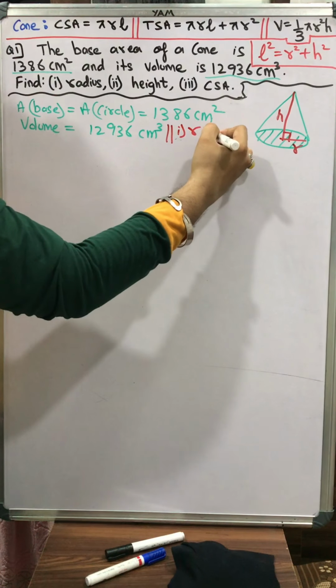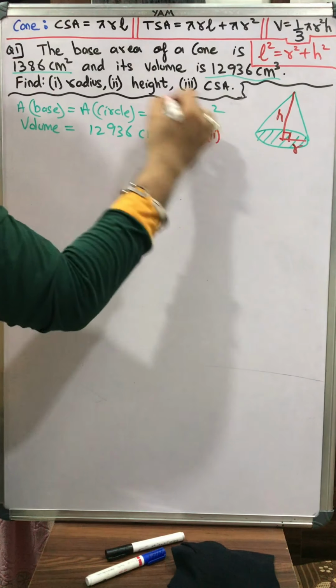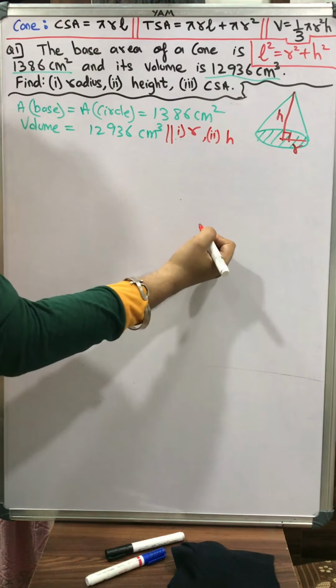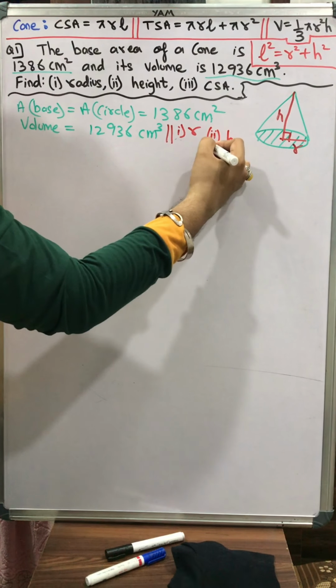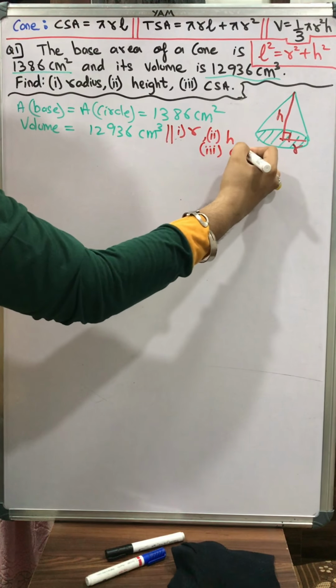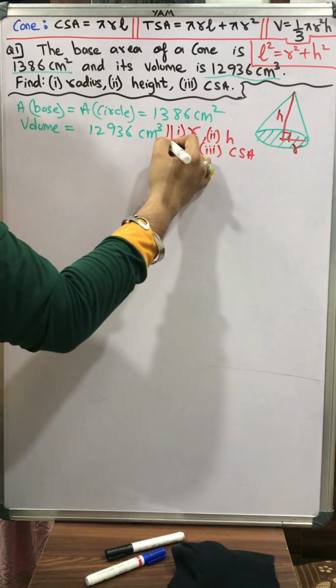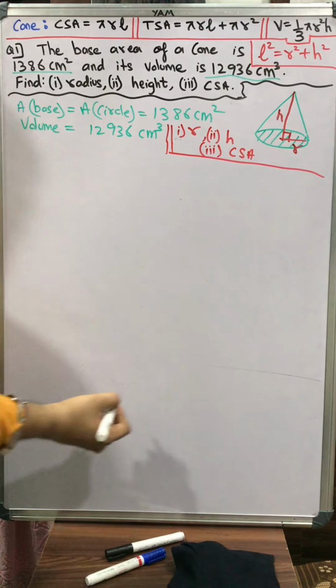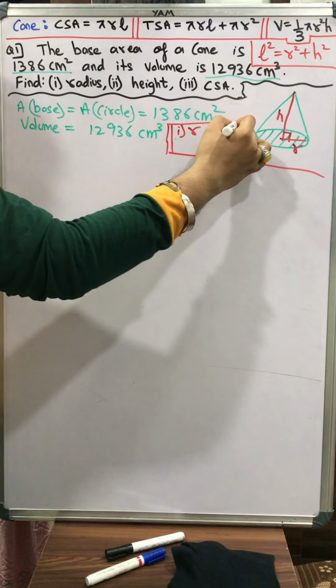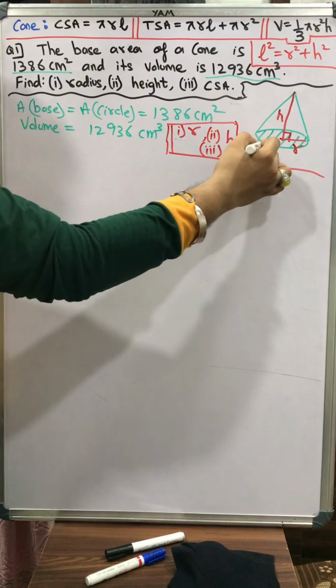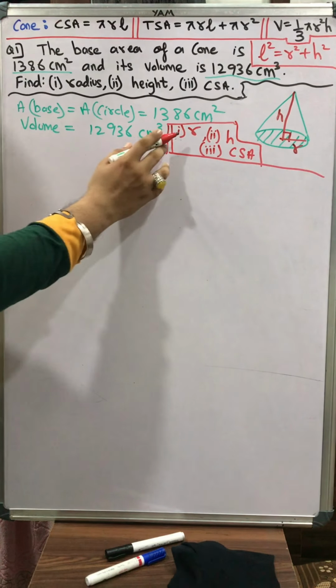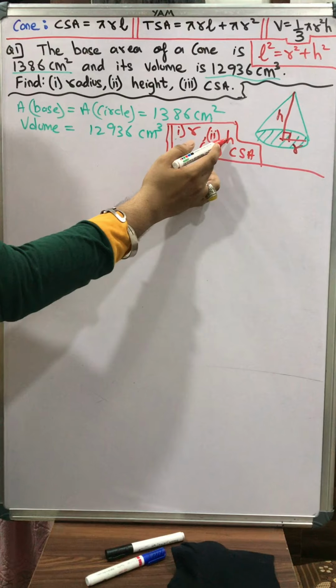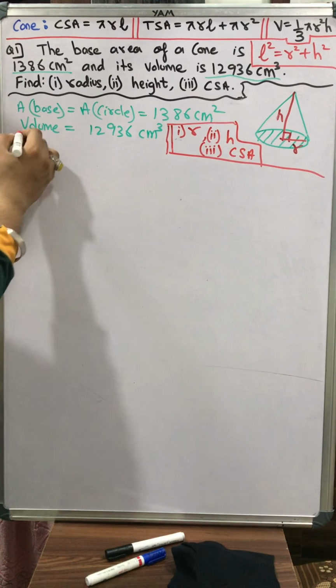Second, I will say the height, h is asked. And the third thing asked over here is curved surface area. Okay students, so these three things are asked to us in this question. First is radius, second is height h, and third is curved surface area.